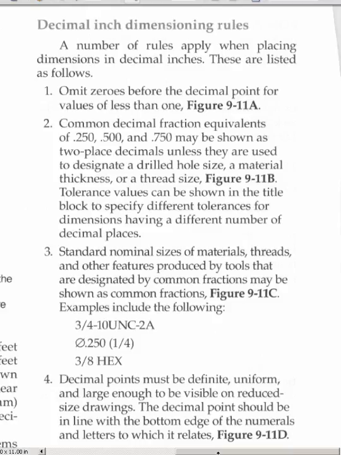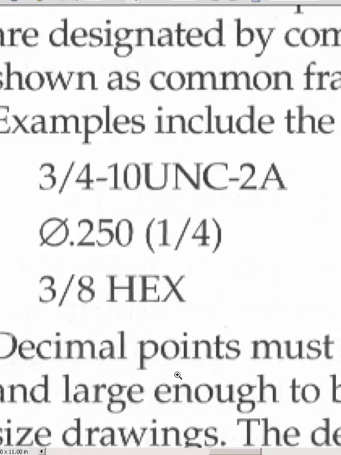You can use common fractions when denoting common sizes for materials, threads, and other features produced by tools that are designated by common fractions. Which means if I whip out a wrench, it's going to be a 3/8 hex wrench. So instead of writing out 0.375, I write out 3/8.